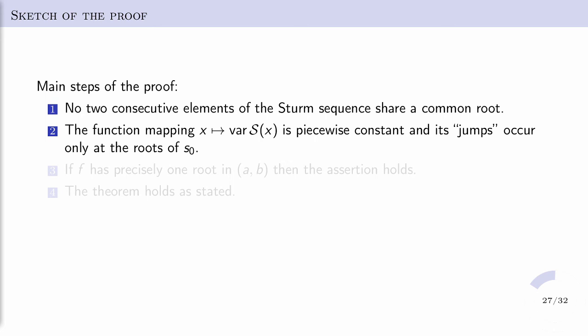The number of sign changes in the Sturm sequence may differ only at the roots of f. So if we have some very small interval where f has no roots, then the Sturm sequence will have exactly the same number of sign changes everywhere. This was the second step of the proof.